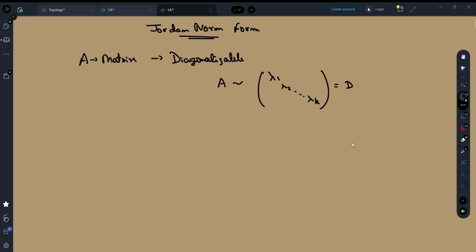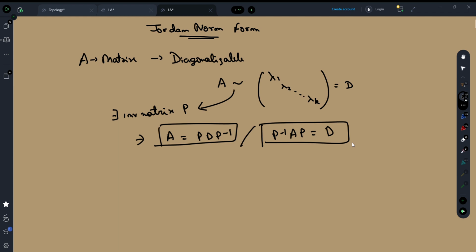Let this be D. So we say A is similar to D. What is the other way of saying A is similar to D? We say that there exists an invertible matrix P such that A is equal to PDP inverse, or we can say that P inverse AP is equal to D, right?